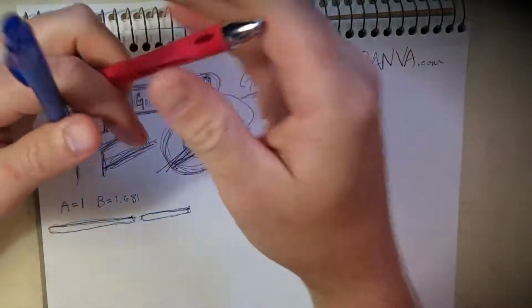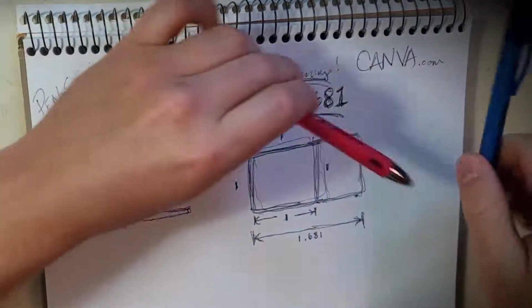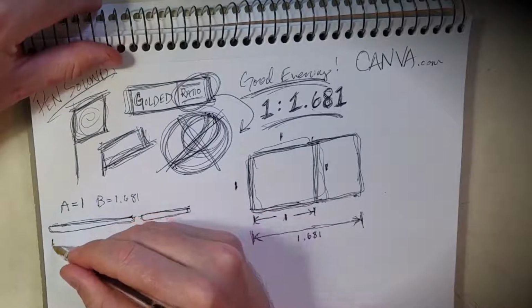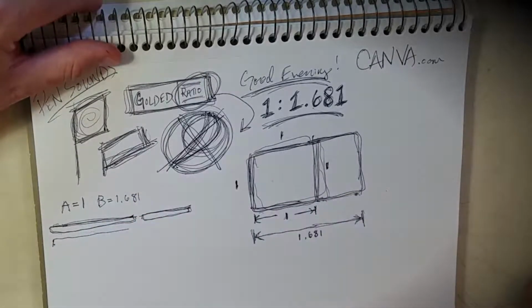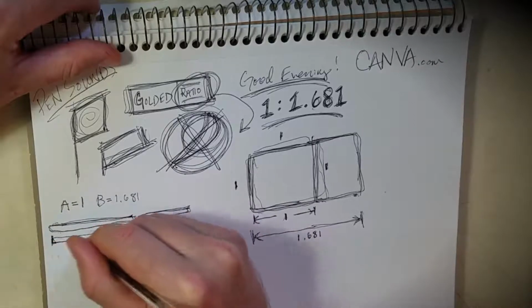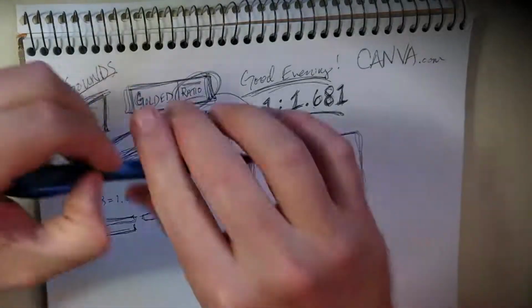Let me get my markers out. Okay. So with the Pepsi thing, I'll get back to that in just a second. So we have this length. Here, I'll do blue.